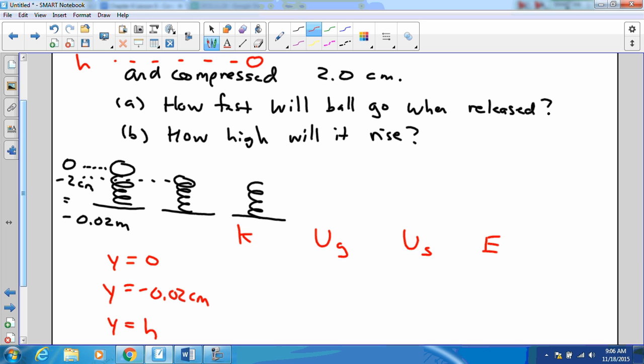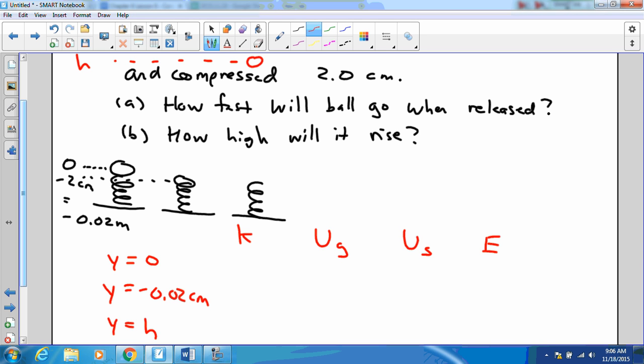Now, we have two different times when y is equal to 0. The first time, we have the spring compressed, but we have another force holding it in place, the force of our hand or whatever's doing the compressing. So that's not a very good test of what's going on. The second time is when we release it, and the ball comes back up. Right on its way out, it's going to hit y equals 0, and at that moment it's going the fastest that it ever goes.